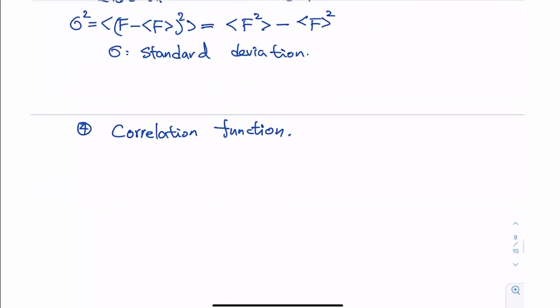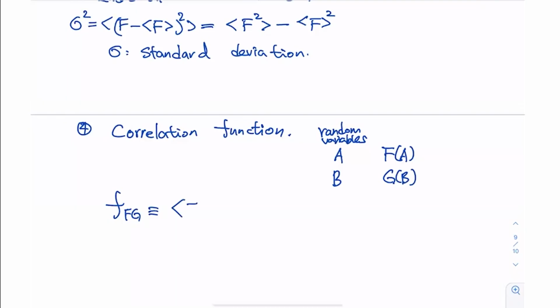Suppose you have random variables A, B, and some function f which takes the random variable A, and a function g which maps the random variable B to some value. f and g are also random to some extent. Then the correlation function of f and g is defined like this.